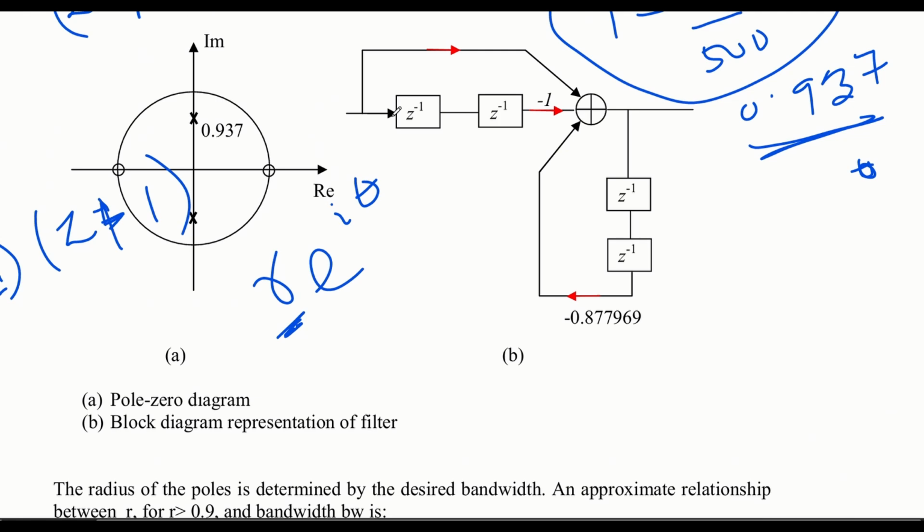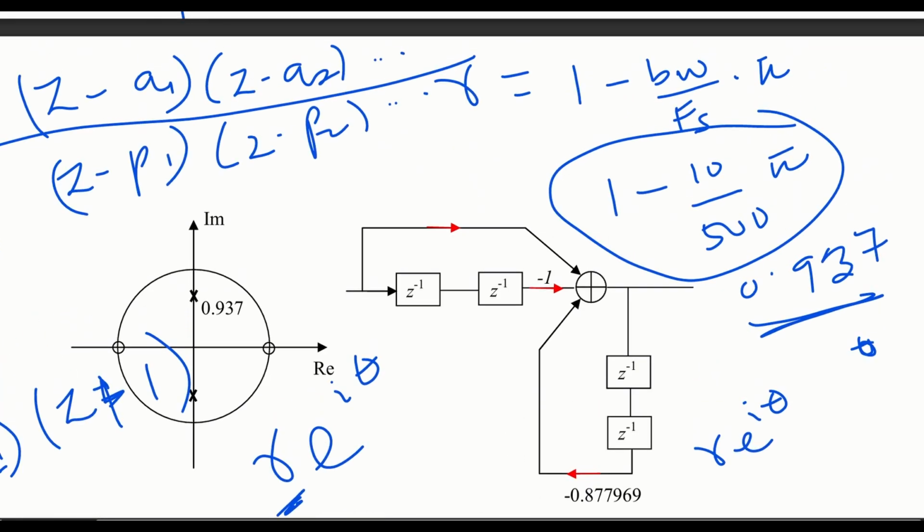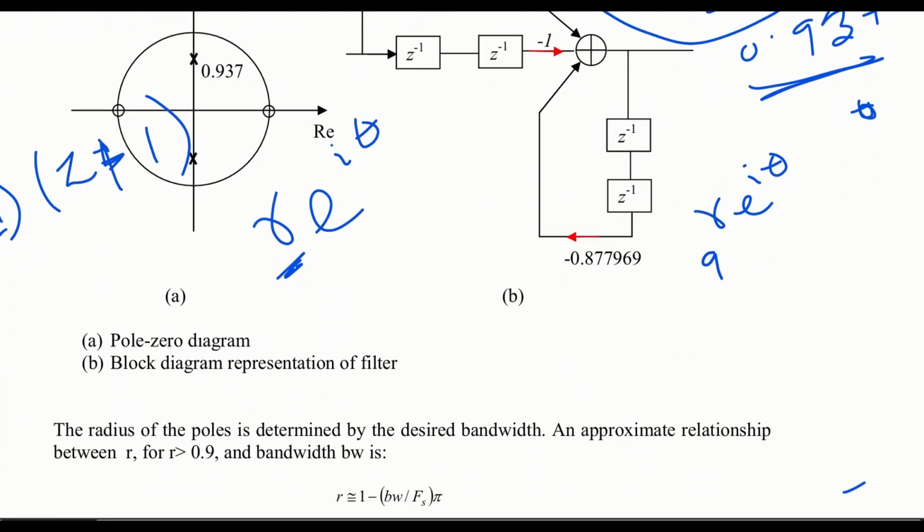Okay, so when we are trying to represent it in Euler's format, r e raised to the power i theta, for the very first pole, which occurs at positive 90 degrees, it will be 0.937 e raised to the power i theta, right? But instead of putting theta here, 90 degrees is the same as pi over 2.